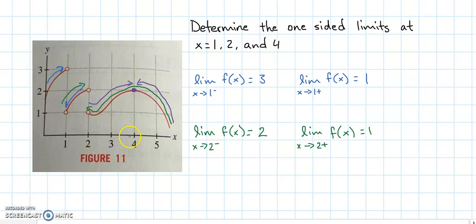As x approaches 4, both the left-sided limit and the right-sided limit approach 2. And since both the left and the right-sided limit equal the same value, we can just write as x approaches 4, the limit of f of x is equal to 2.